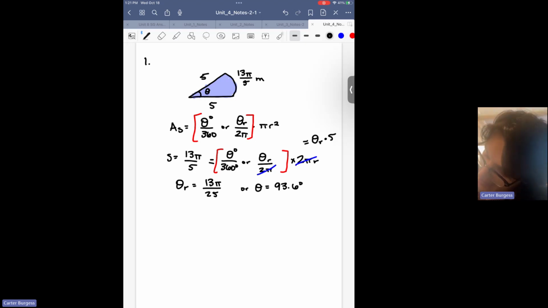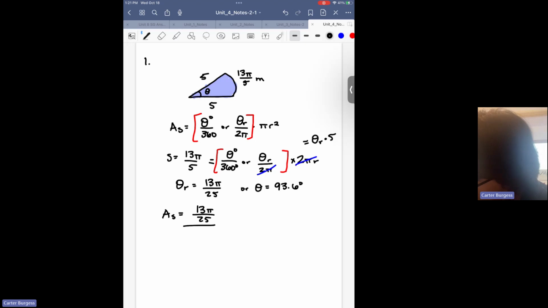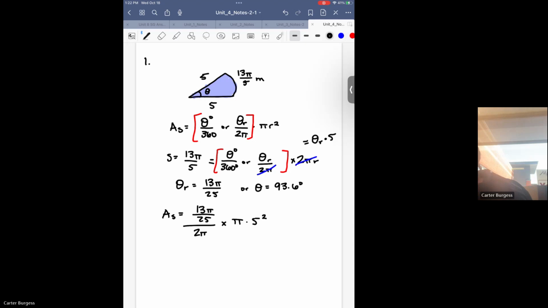We would say, okay, so the area of the sector is equal to, since I found radians, my 13 pi over 25, all divided by 2 pi, times my area here, which is pi times 5 squared.